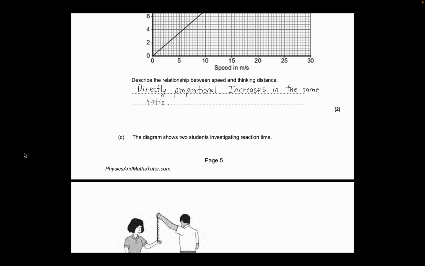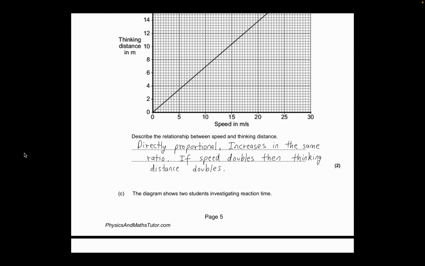You can also write that if speed doubles, then thinking distance doubles. You can also write that there's a positive correlation.